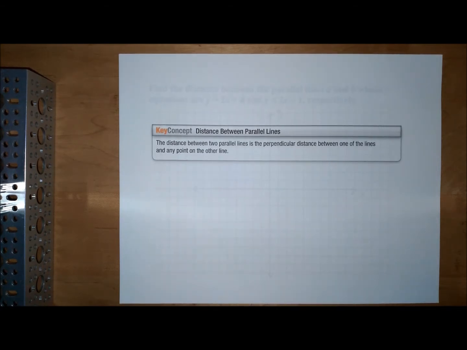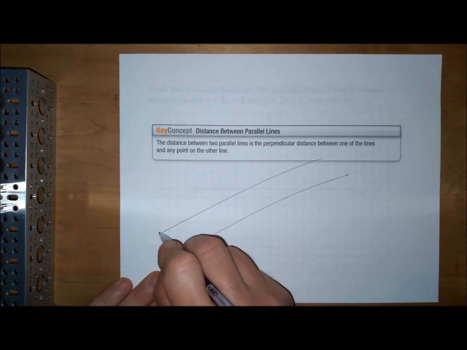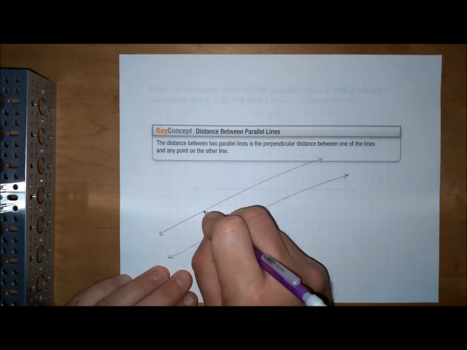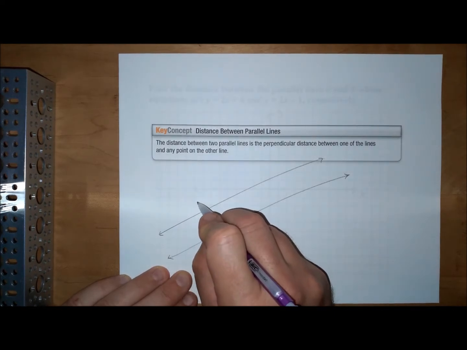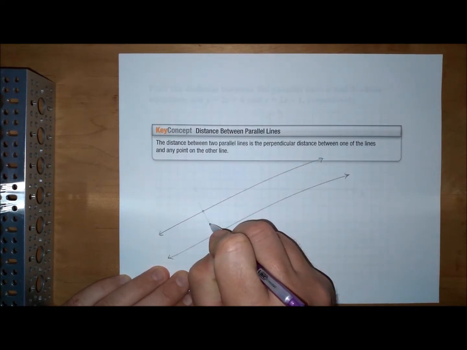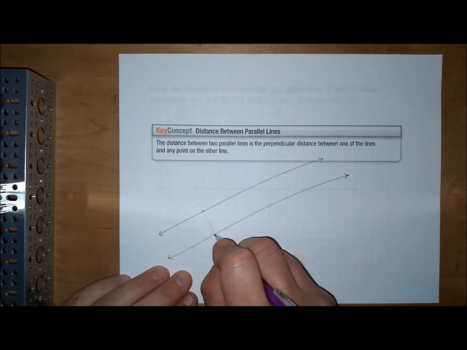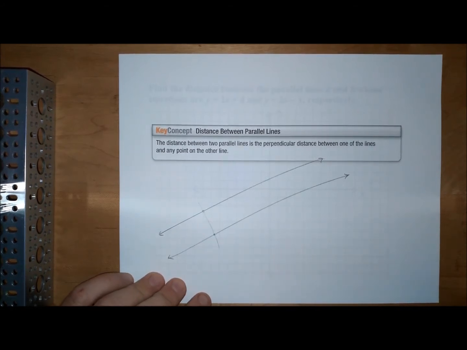All right, important concept here before we jump into another problem. The distance between parallel lines. The distance between any two parallel lines is the perpendicular distance between one of the lines and any point on the other line. So if you have two parallel lines and you want to find the distance between them, basically just grab a point on one line, figure out how a perpendicular line would pass through that point and intersect the other line, find the coordinates of that point, and once you find the coordinates between these two points, you've got the distance between these two parallel lines.